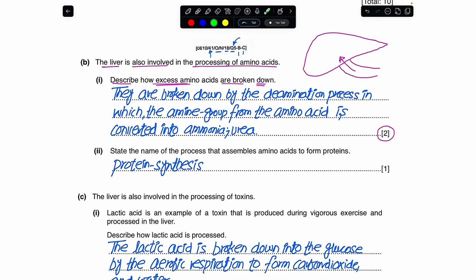My body has a situation that it can never store protein. It would always use the proteins that are required by the body. So we need to get rid of the excess amino acids. The idea is that the excess amino acids have a group in them. The name of the group is the amine group.